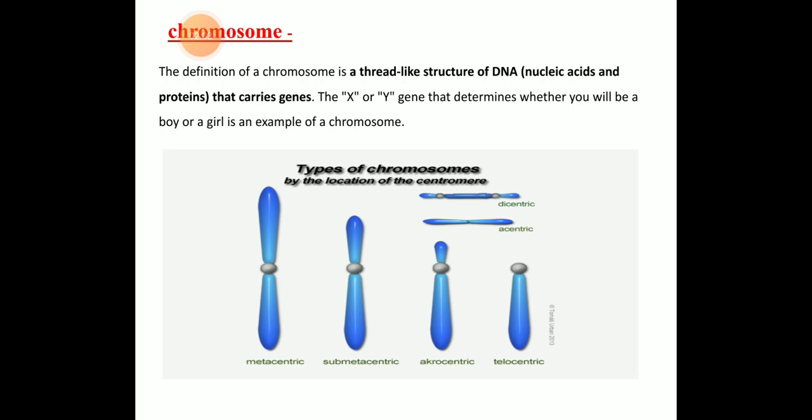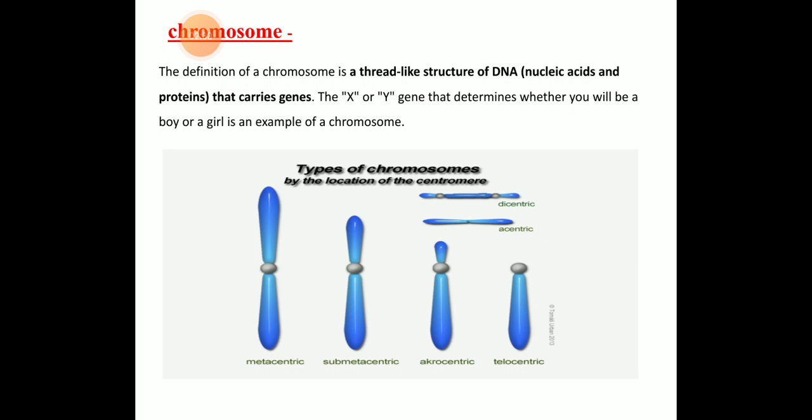Then the second one is the submetacentric. In this diagram, the centromere is off center, leading to a short P arm relative to the Q arm, and chromosomes number 2, 4, 17, 18 are examples of this submetacentric type. Then third is the acrocentric type of chromosome.